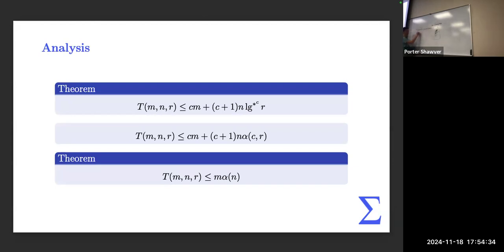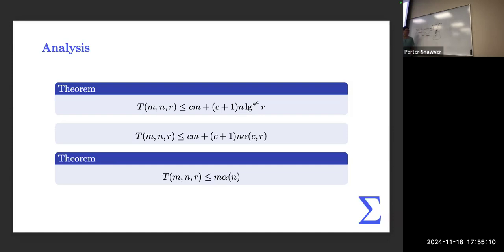Setting c equals alpha of r, we get c alpha of r plus m alpha r plus alpha r, and alpha of c alpha r is a constant. And we also know that m is greater than or equal to n. So then we have a final bound of n alpha of r.